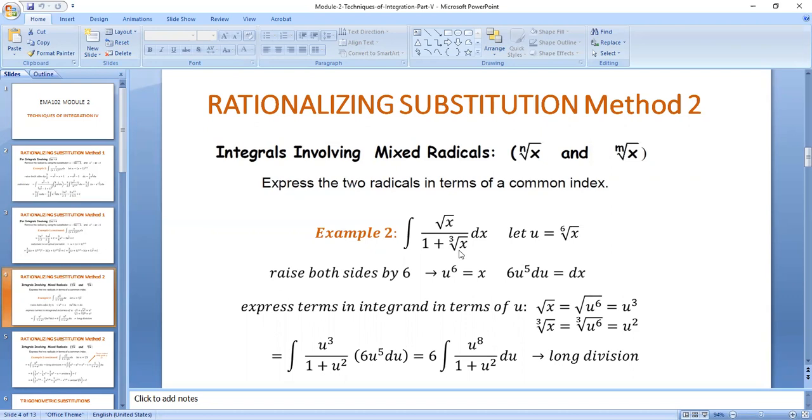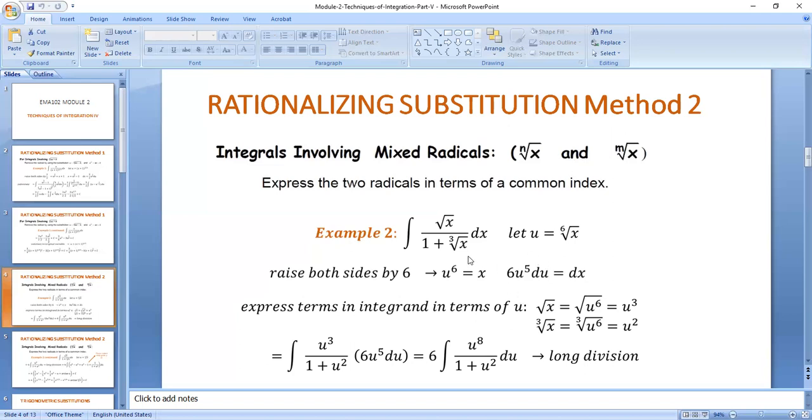The same procedure follows. So you have to assign a new variable to your original variable and then eliminate the nth root, and correspondingly substitute the new variable to your original variable in your integral, and you have to change as well the derivative of the original variable to the derivative of the new variable.